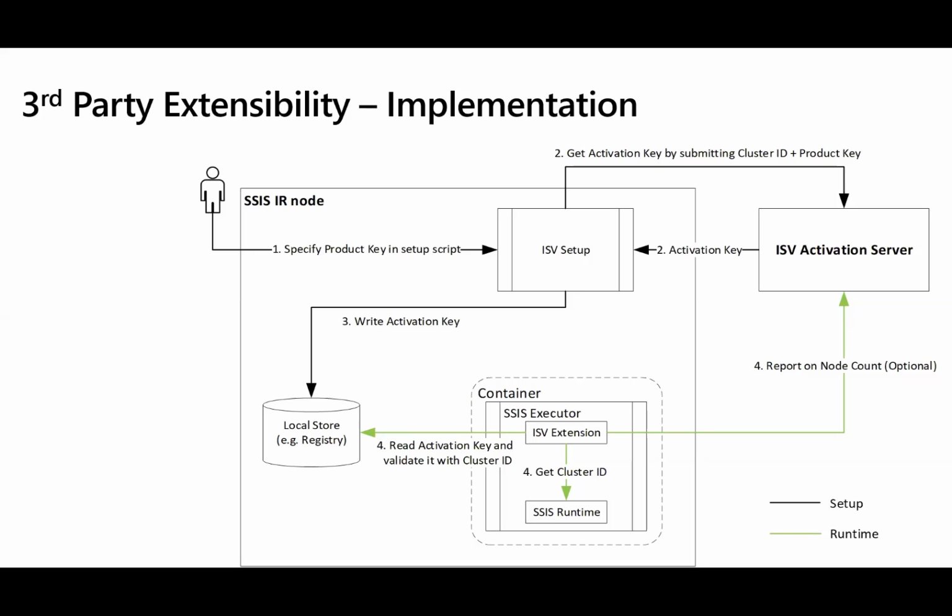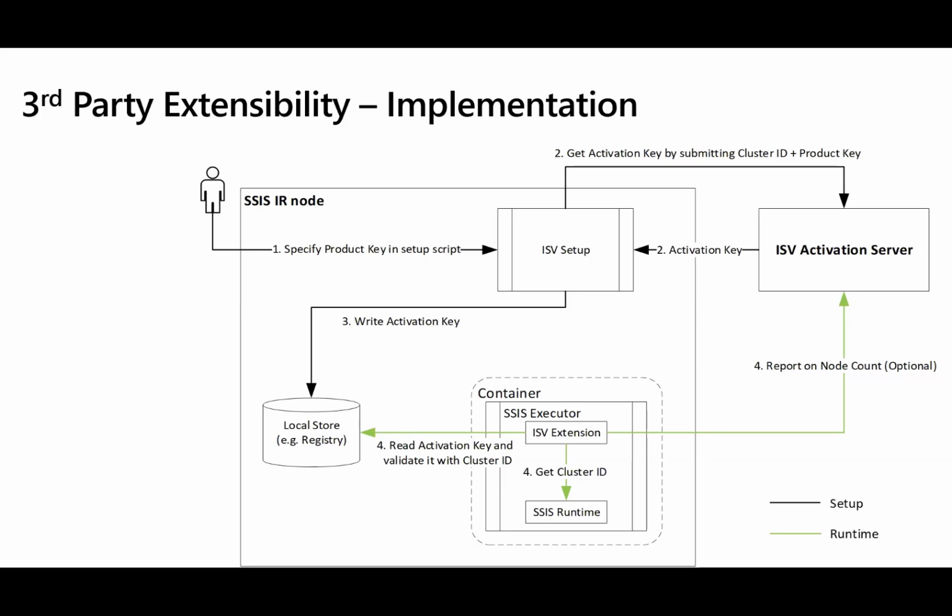And when the custom setup script is running on SSIS IR, it will reach out and connect to the ISV activation server, like KingswaySoft or CData, etc. It will connect to the activation server and get the activation key. And then the custom setup running on your SSIS IR will store the activation key in a local registry or local storage. That process is called binding the license to your SSIS IR.